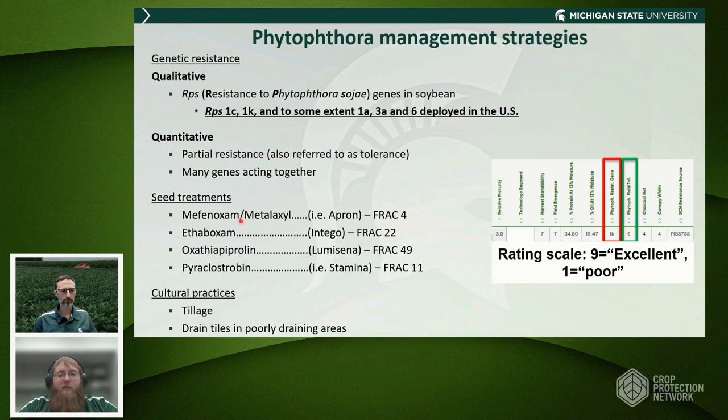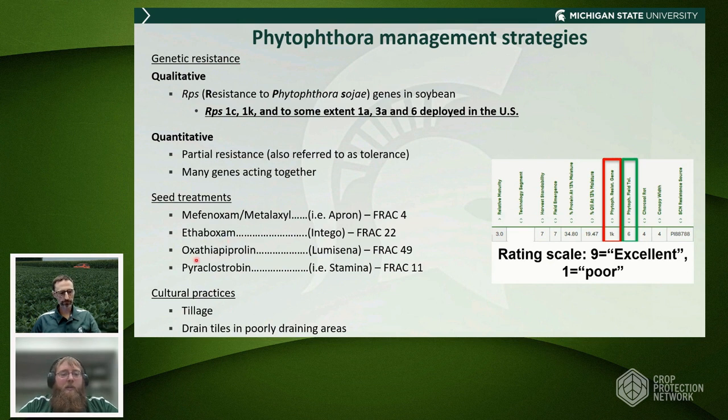We also have some seed treatments that are effective against Phytophthora sojae. Mefenoxam or metalaxyl, which is a FRAC 4 found in Apron-like products. Ethaboxam is a somewhat newer chemistry. It's just been out for a couple of years now. These are in the Intego products or FRAC 22.